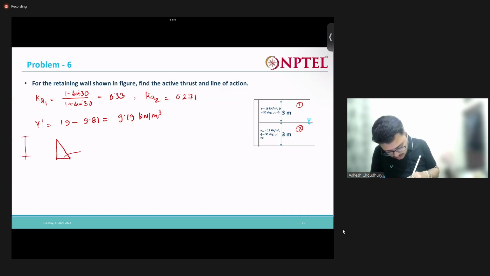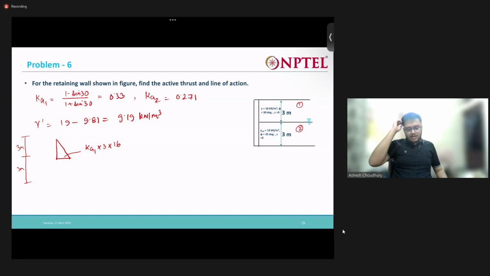This is 3 meters, then again 3 meters. For the top layer it will be K1 into 3 into gamma, 16.